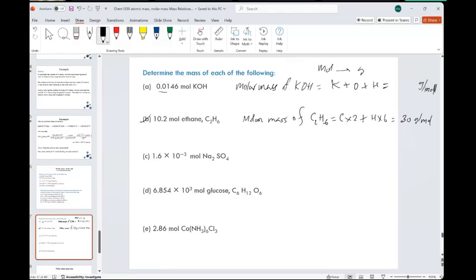Okay, so now the rest of the calculation is 10.2 mole times 30 mole over gram. So equal to gram. Oh, what did I do? We're looking for mole to gram.